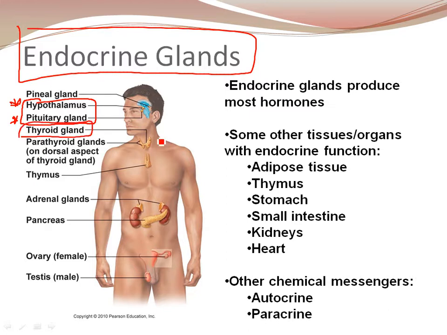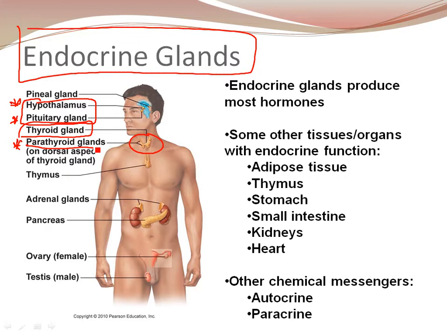The thyroid gland, hopefully you remember that's the butterfly-shaped gland that's located on the anterior side of the trachea, and makes some very important hormones for metabolism. The parathyroid glands that you have, little tiny ones located on the posterior side of the thyroid, produce parathyroid hormone.